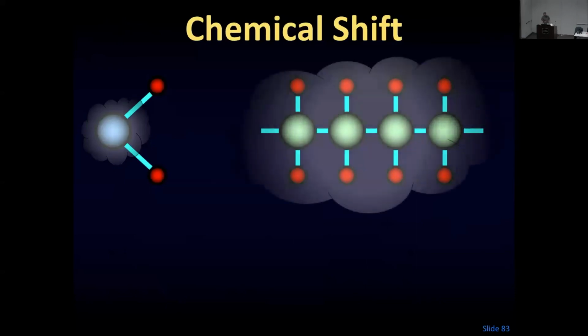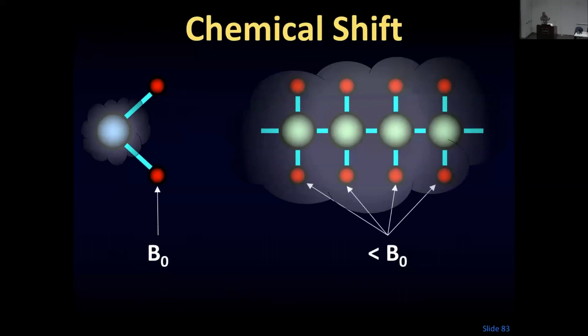By comparison, carbon, C for communist, shares its electron cloud with these protons, and this electron cloud shields these protons from the magnetic field. Or in other words, these protons experience the full brunt of the external magnetic field, but these protons experience a lower magnetic field because they are shielded by the electron cloud that carbon is willing to share with them.